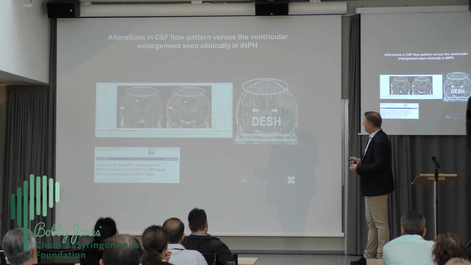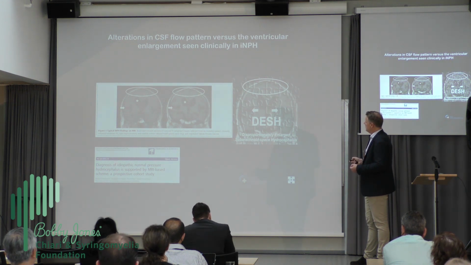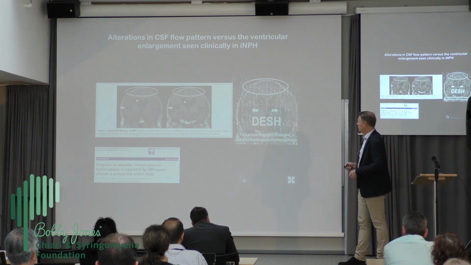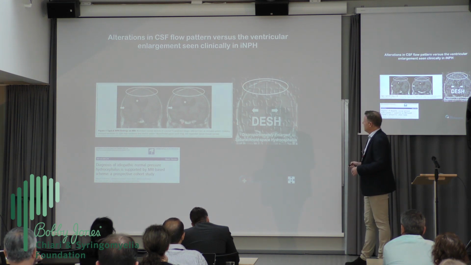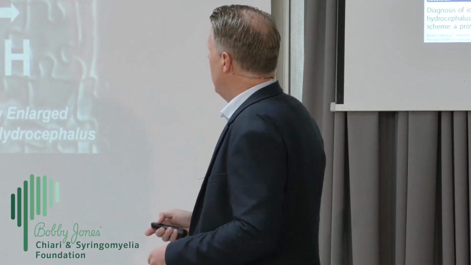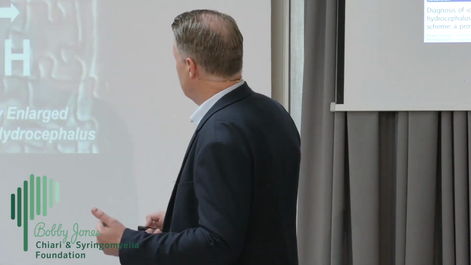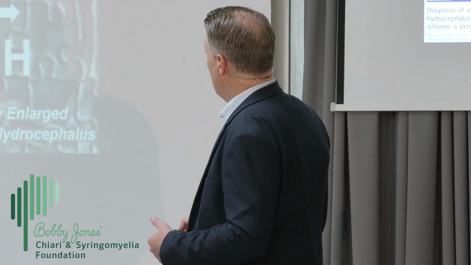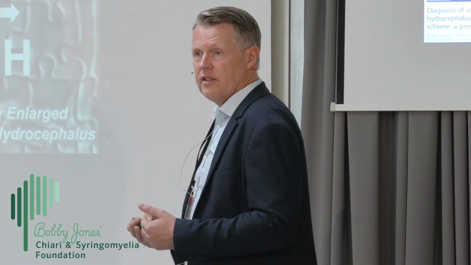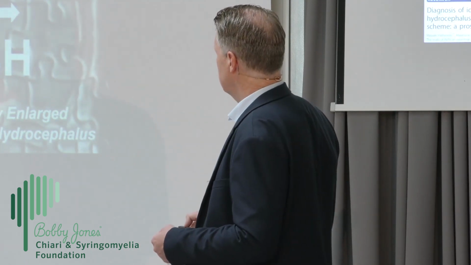So the Sylvian fissure is increased. We see here flattening over the convexity, and typically this angle is different. So what we think is that the redistribution of CSF flow, and thereby the pressure gradients, is what actually explains what we see in the ventricles and these spaces.